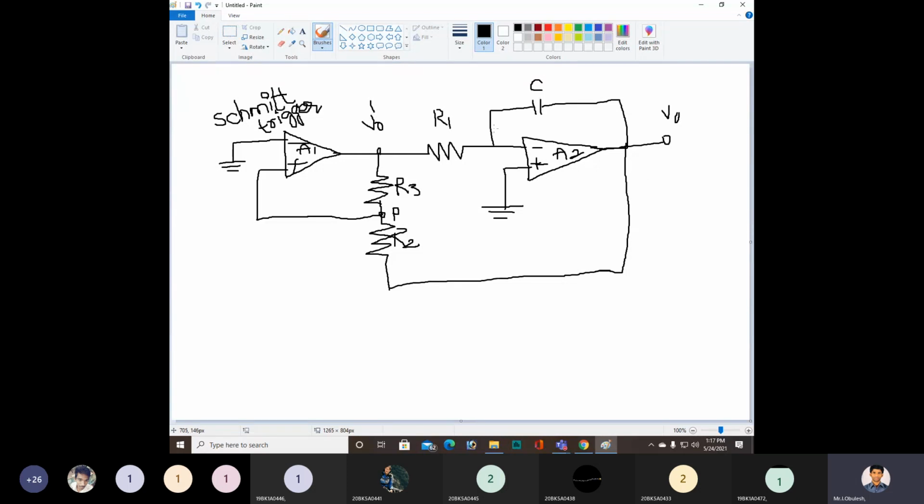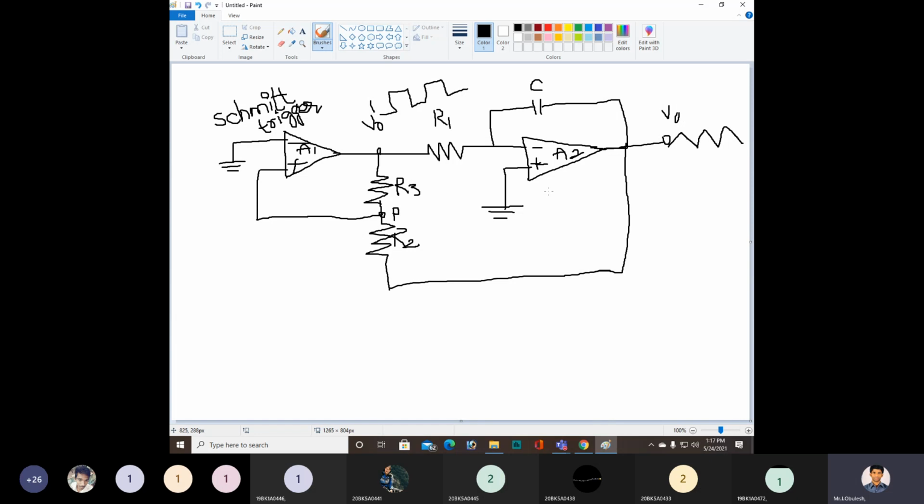Here I am writing output is a square wave, plus V saturation to minus V saturation. Here you are getting triangular wave, plus V ramp to minus V ramp.